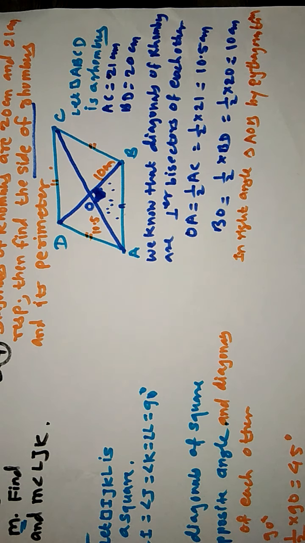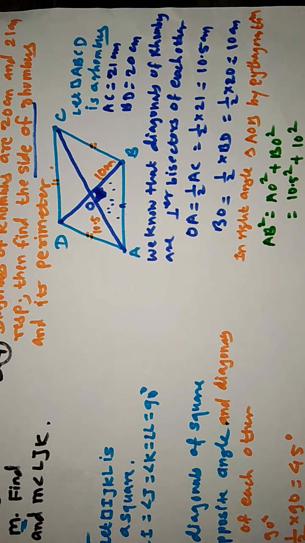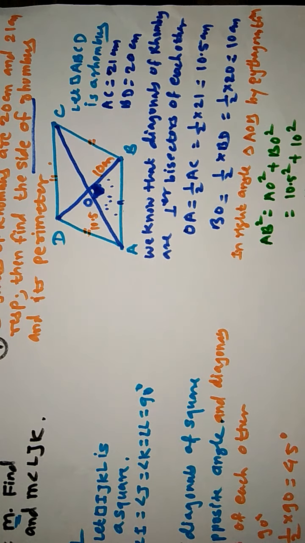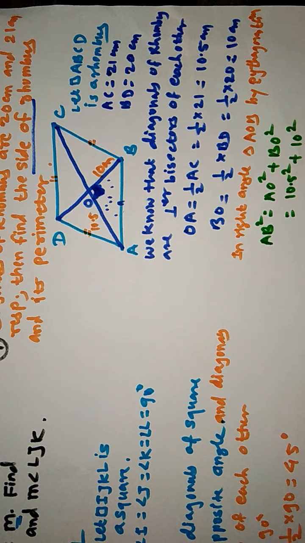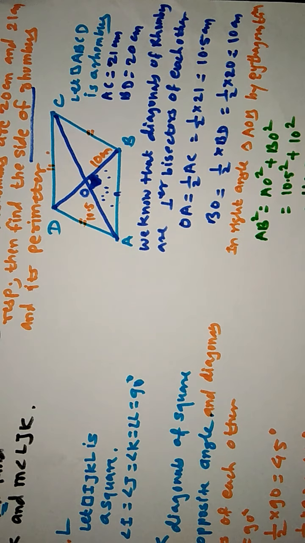theorem. AB square is equal to OA square plus BO square, means 10.5 square plus 10 square. 10.5 square gives 110.25. 10 square gives 100. By adding we get 210.25. This is AB square.